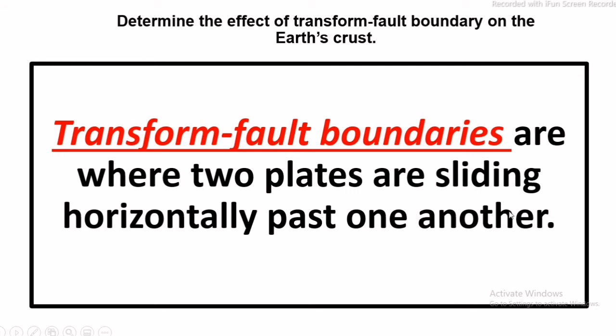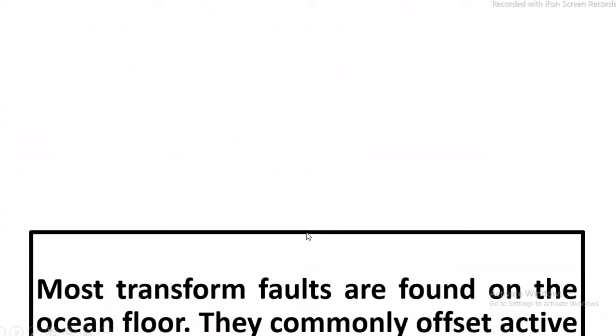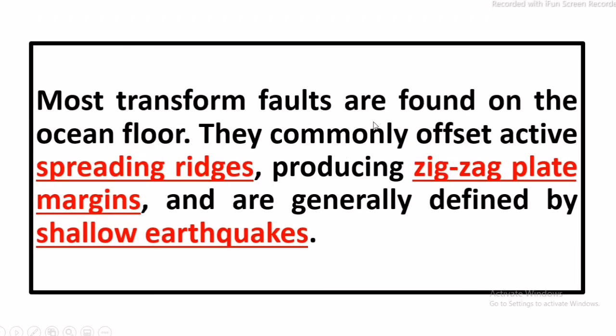Transform fault boundaries are where two plates are sliding horizontally past one another. Most transform faults are found on the ocean floor. They commonly offset active spreading ridges, producing zigzag plate margins, and are generally defined by shallow earthquakes.